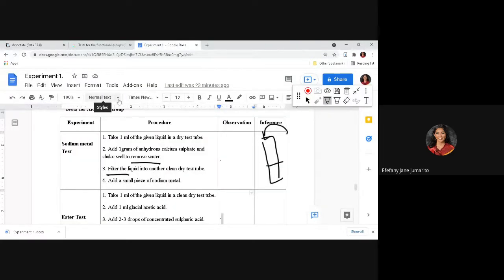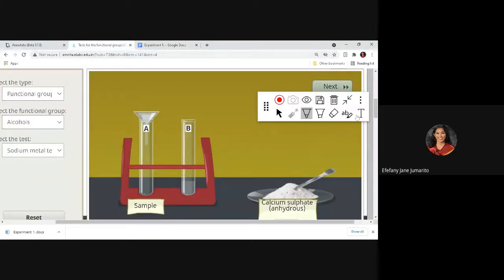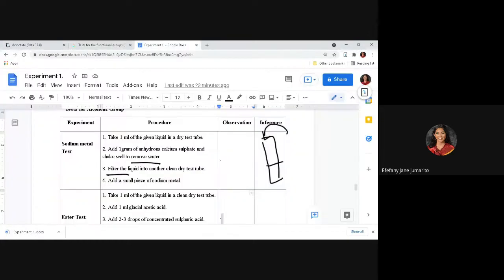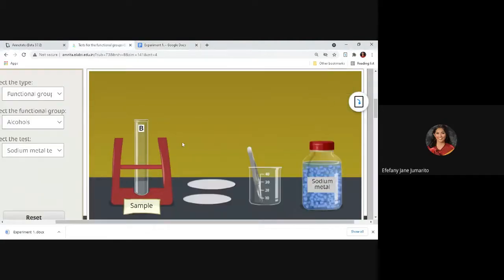We are going to add a small piece of sodium metal. Procedure 4: add a small piece of sodium metal. Okay, now this is your sodium metal.